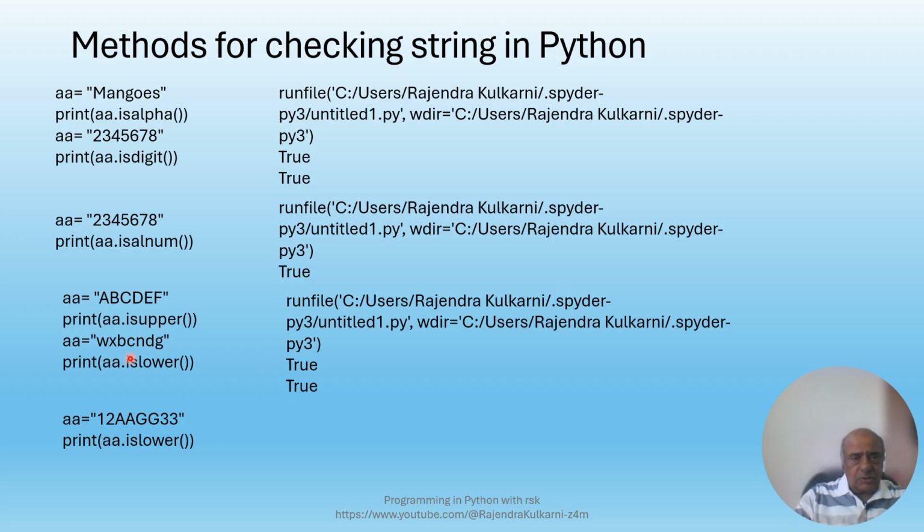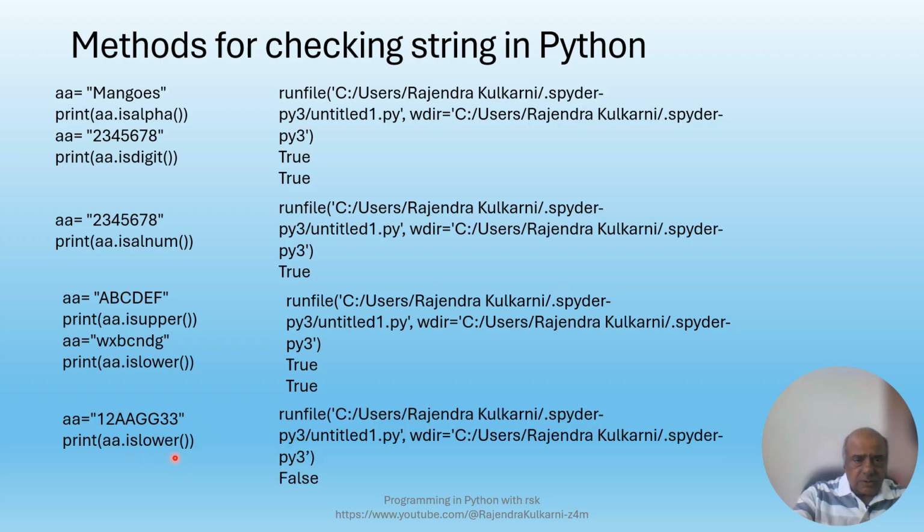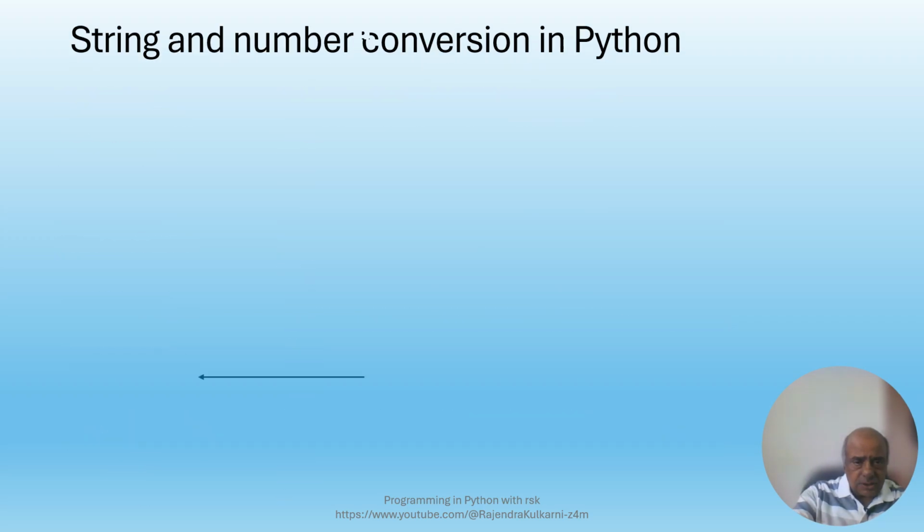And in this a is equal to wxy and so on, the string is all in lowercase, so a dot islower also returns true. In this case a is equal to digits 1 2, then uppercase letters, and then digits 3 3. Now we are trying to check whether the string is lower. A dot islower returns false because the letters are in uppercase.